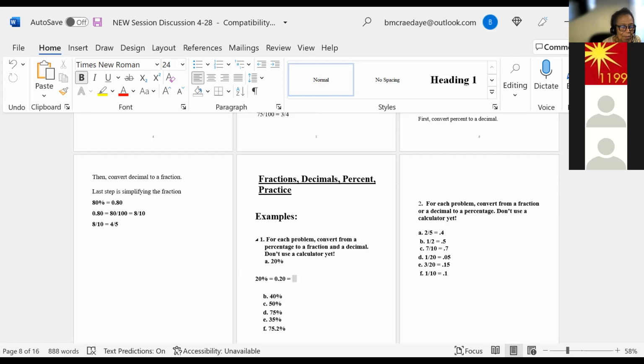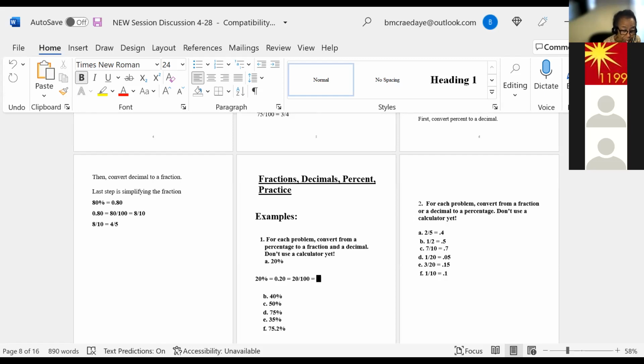Well, 0.20 is really 20 over 100. And if you simplify that, Maureen, what do you get? Divide the numerator by 20 and the denominator by 20. What do you get?